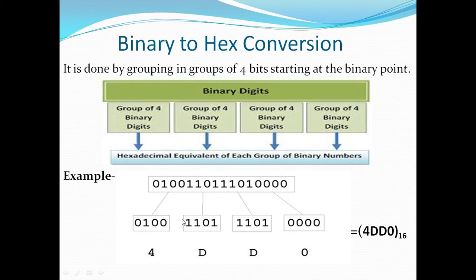Now simply convert these groups and write the hexadecimal equivalent. So 0000 is a representation of 0. 1101, this is 13, which can be represented as D. This is also 13, can be represented as D, and this is 4. The final answer is 4DD0. This is the hexadecimal equivalent of this binary number.